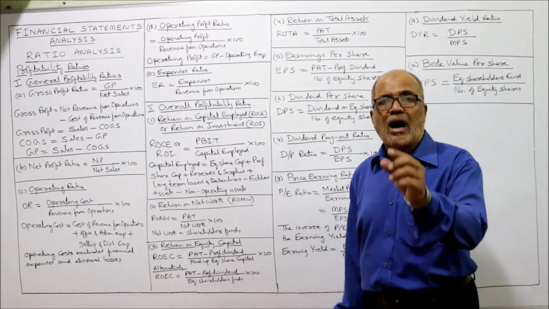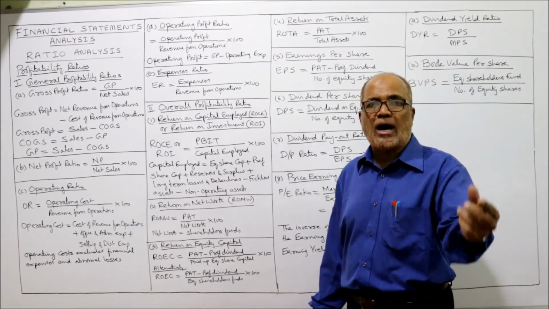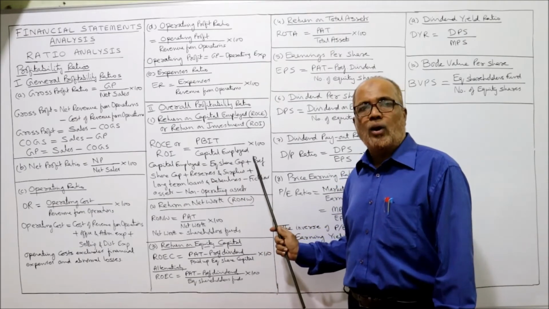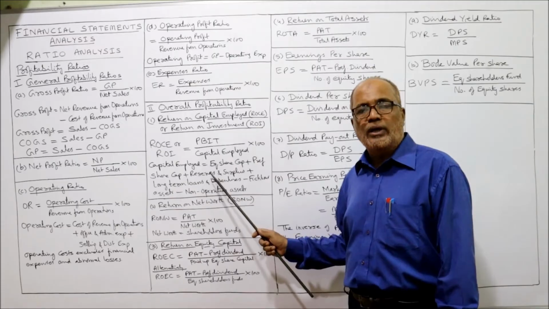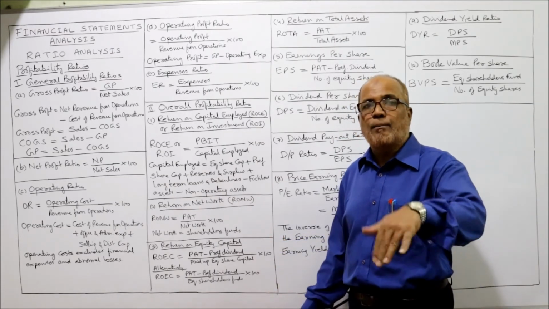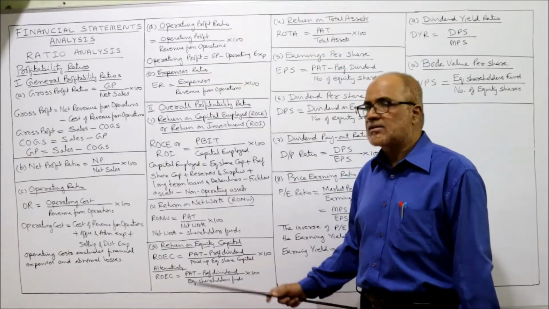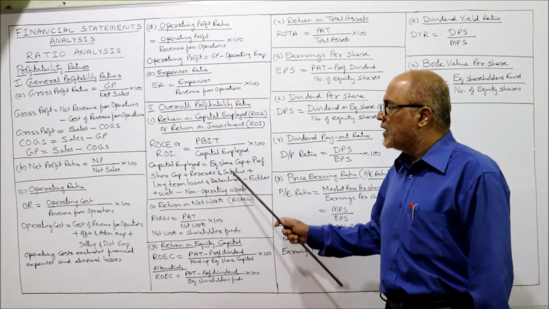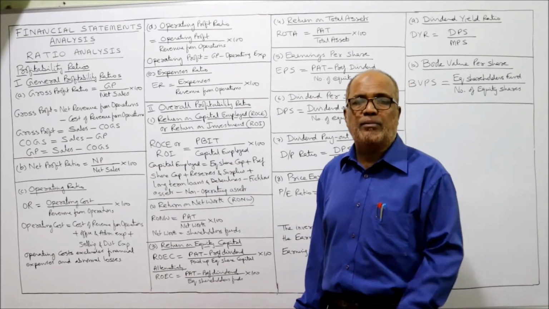So the formula for ROCE or ROI is PBIT divided by capital employed into 100. This is the first overall profitability ratio.